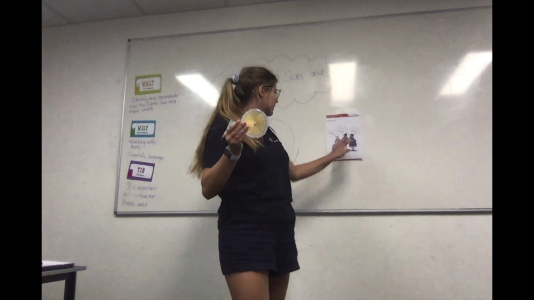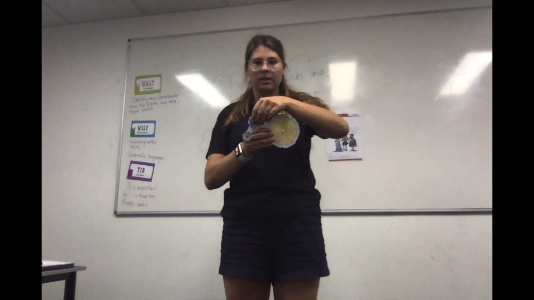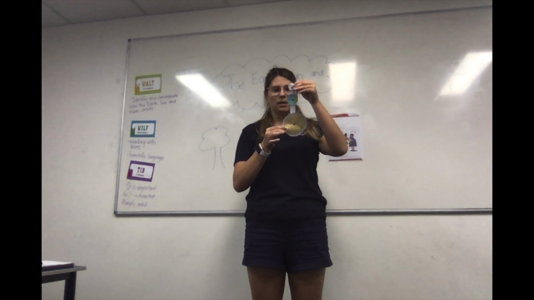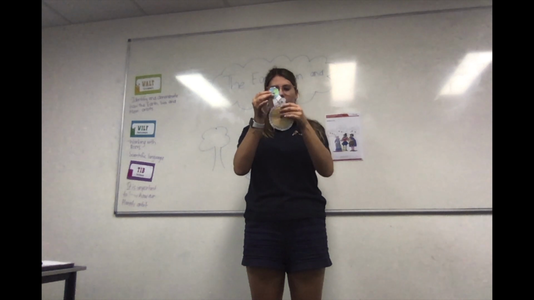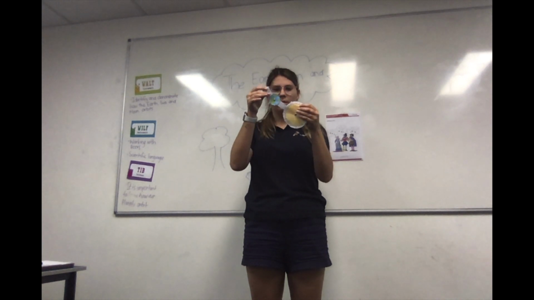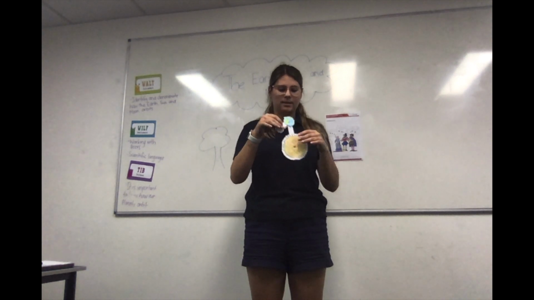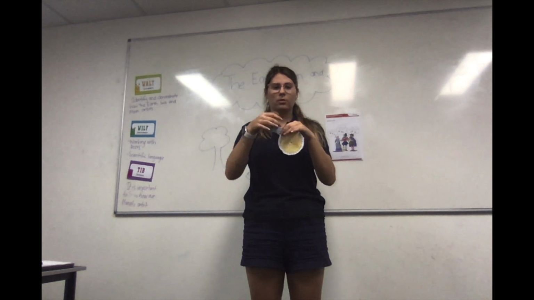Okay, so claim 3 is: the moon circles the earth while the earth circles the sun. So let's do that. Here it is, the sun is in the middle, the earth circles the sun while the moon circles the earth. But remember, we don't use circle, we use orbit. So the earth orbits the sun as the moon orbits the earth.